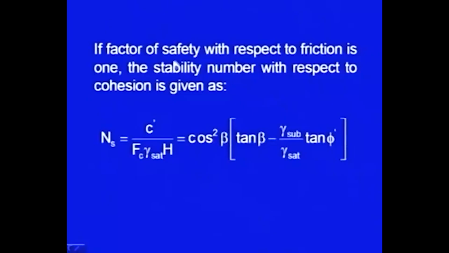So, if the factor of safety with respect to friction is 1, the stability number with respect to cohesion is given as N s equal to c dash upon F c gamma saturated h equal to cos square beta into tan beta minus gamma submerged upon gamma saturated into tan of phi dash. So, this is the stability number we get for this particular case.